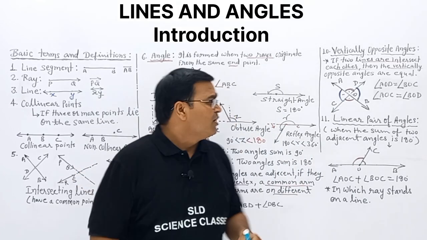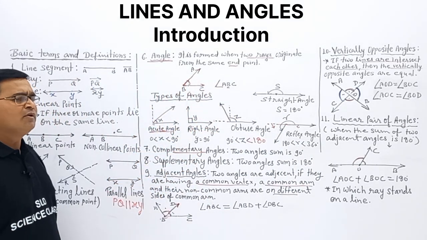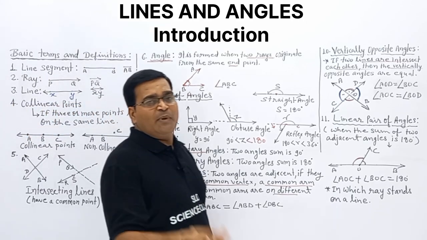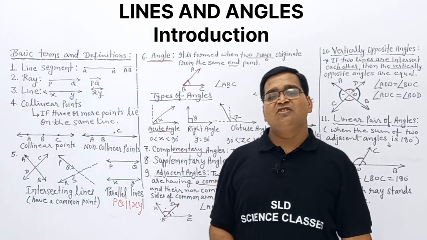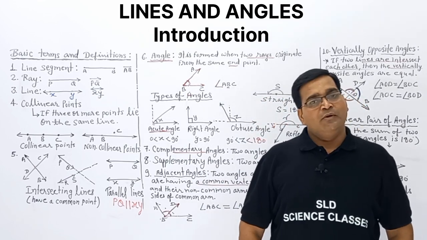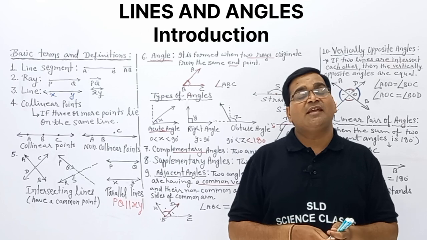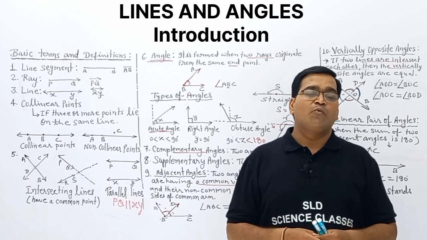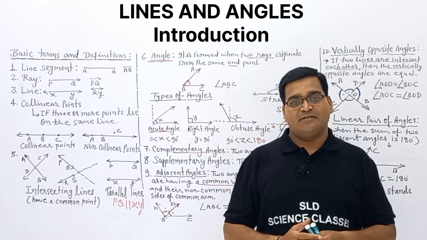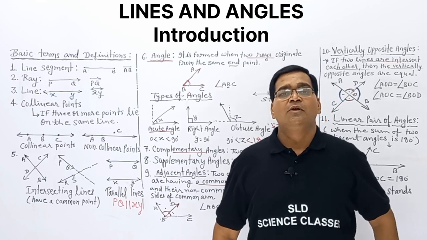Then the different types of angles we already studied in the 6th and 5th standard. We know these things well. So I hope you understand all these things. Once you know these things, then we can do the exercise questions. So that's all about this class. Thank you so much.